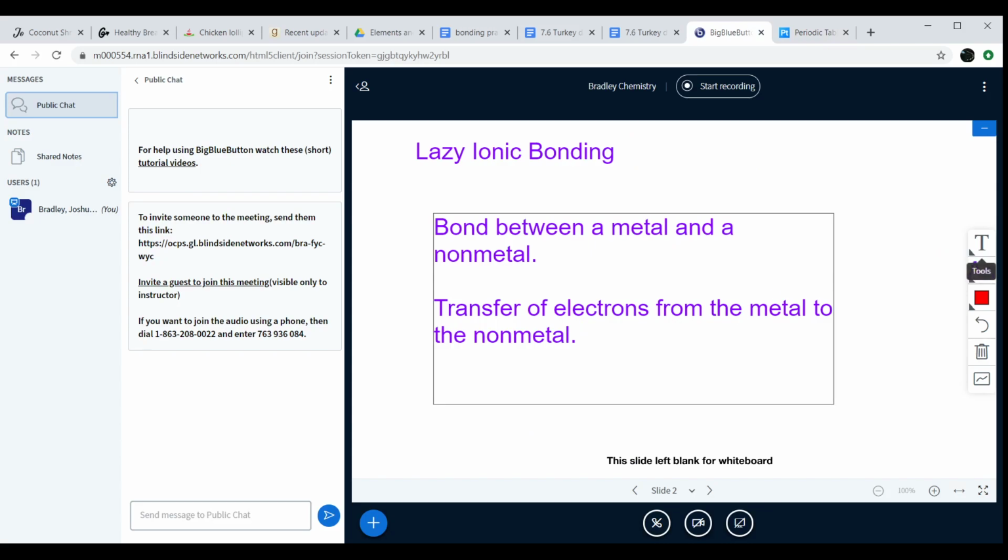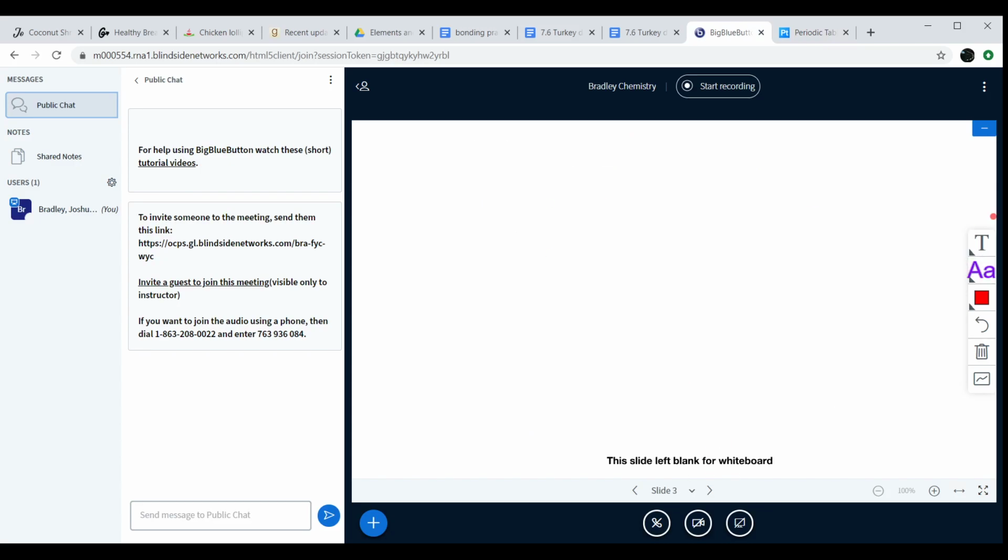So, let's go ahead and start by making an example here. Alright, so let's say that we have a metal, and let's have it be magnesium. And for some reason, I want to have magnesium right here. And we'll draw a magnesium atom.